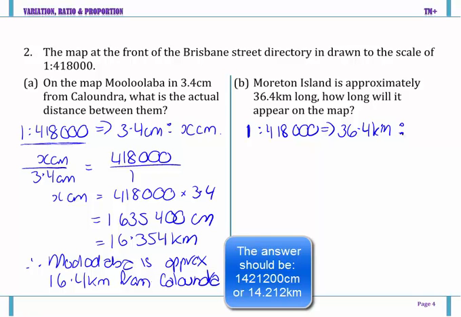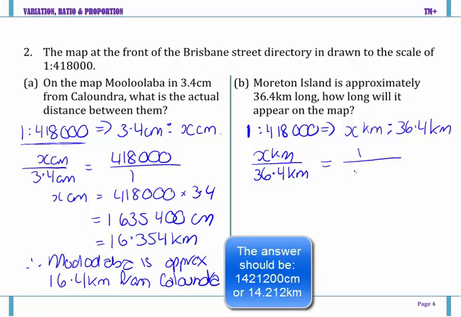Okay, that's actually incorrect. I want to know what it'll be on the map, which would be my x kilometres, knowing that it's 36.4 kilometres long in real life. So I have x kilometres over 36.4 kilometres equals 1 over 418,000.